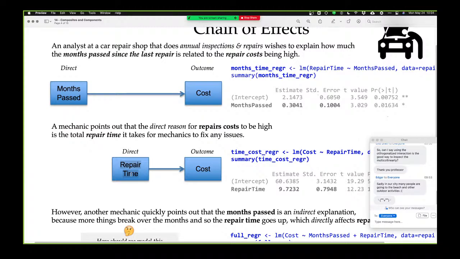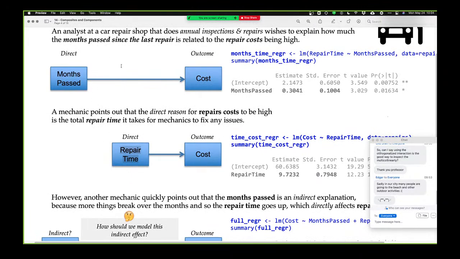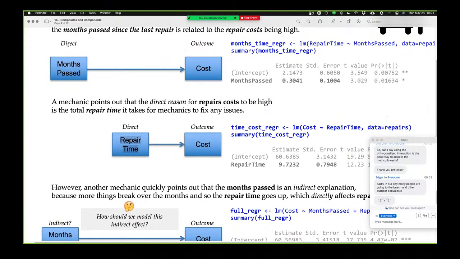All right. And if you put these two stories together, what it's basically saying is that the number of months that have passed since we last inspected your car is indirectly affecting your cost.